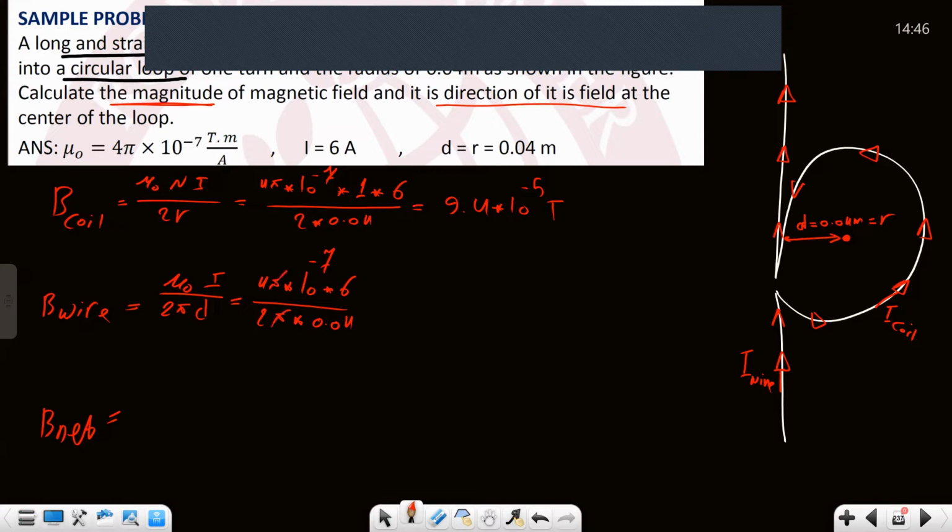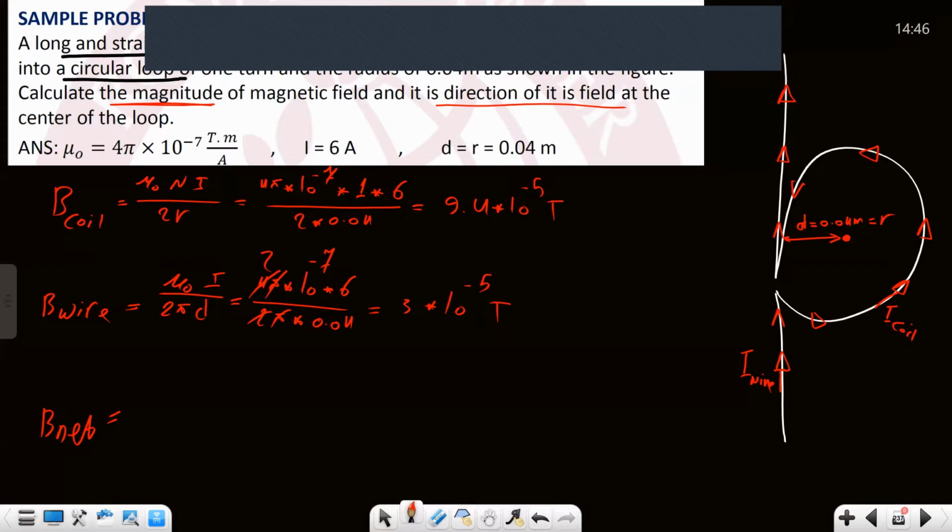You're going to cancel pi with pi, and this one is 2. And then you're going to have 3 times 10 to the power -5 Tesla. Okay, this is going to be the result. That's the magnitude, but we have to know the direction.